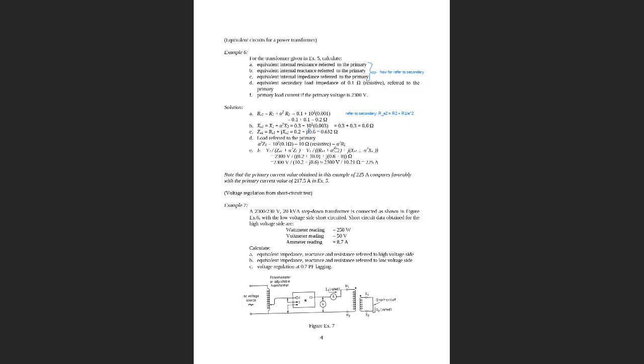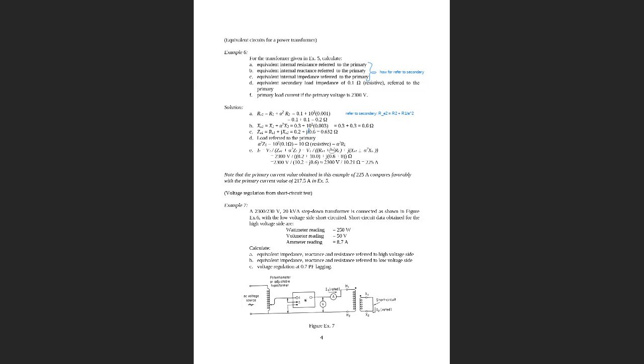For the load, if we have a load at the secondary of 0.1 ohms, then we refer it to the primary. That means when you measure at the primary side of the transformer, the loading impedance looking at the primary side will be the impedance looking at the secondary side times the transformation ratio squared, A squared Z loading.